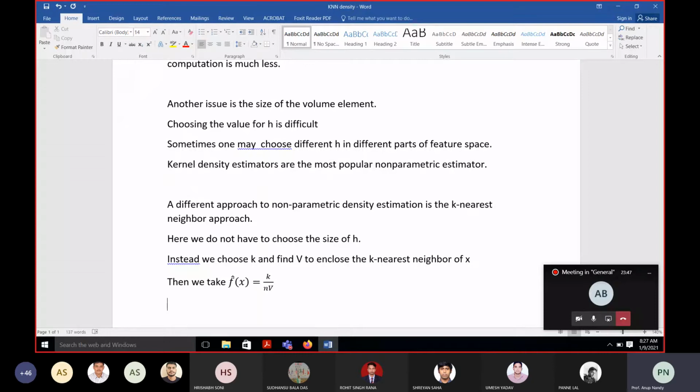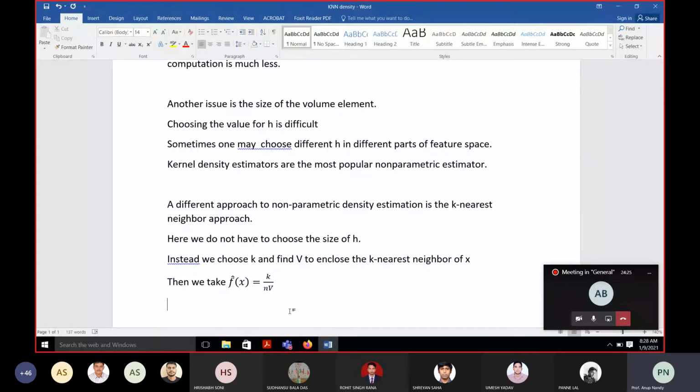I'll be explaining k nearest neighbor in more detail in due course, but just for understanding, KNN means a nearest neighbor classifier. If you have 5NN, then for a test sample x, you note down how many samples are closer to the test sample and how many are not closer.